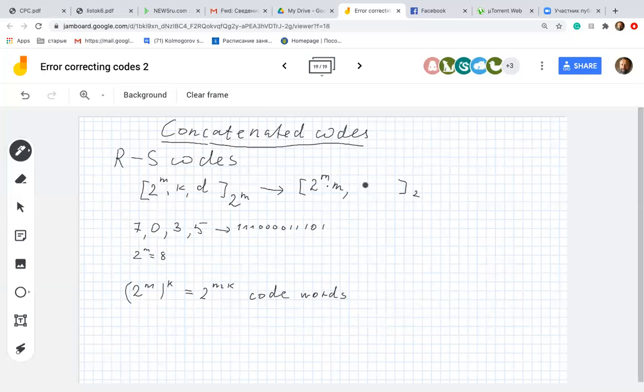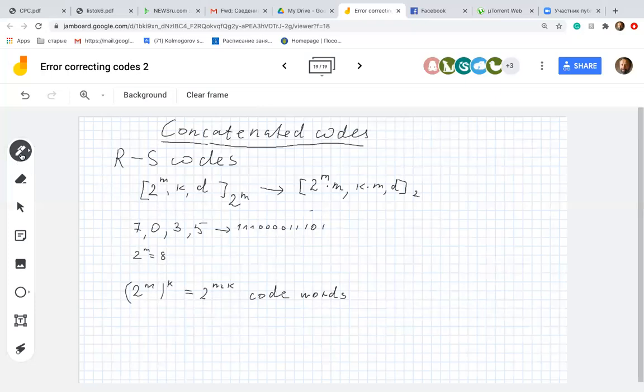And so the dimension is also multiplied by m, because the number of code words expressed as a power of the alphabet is now 2 to the mk. And the distance remains the same, because if we have 2 different code words, they differ in at least d symbols, and the binary codes of those d symbols differ in at least 1 position each. So we obtain at least d different symbols in different code words.